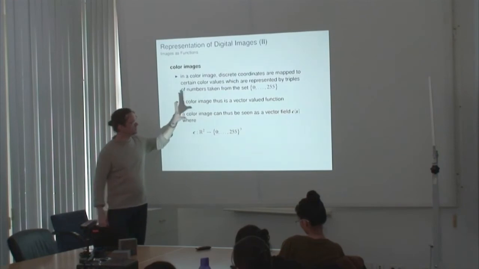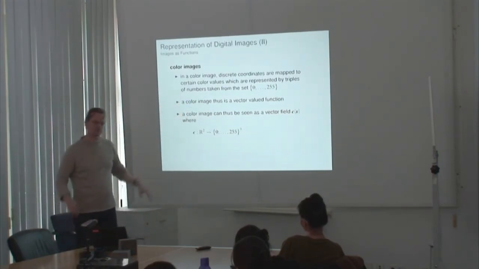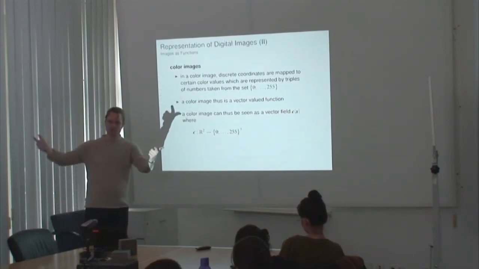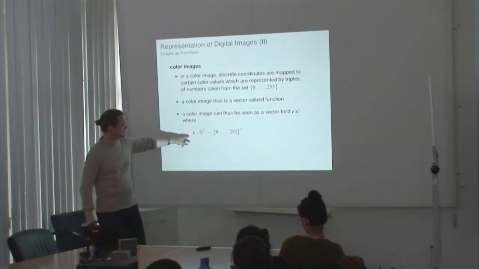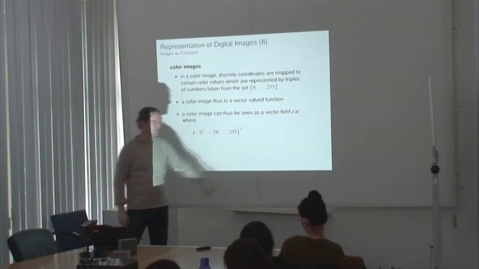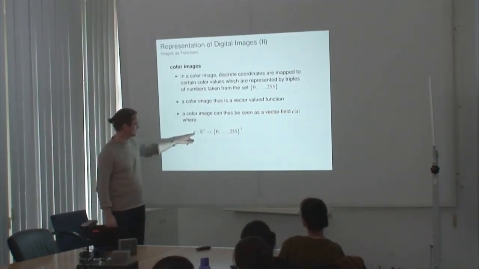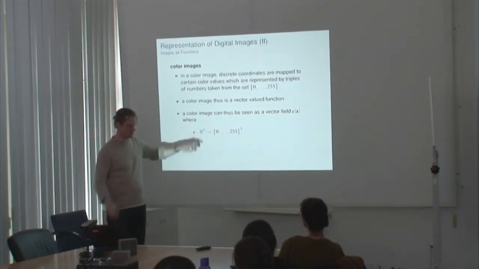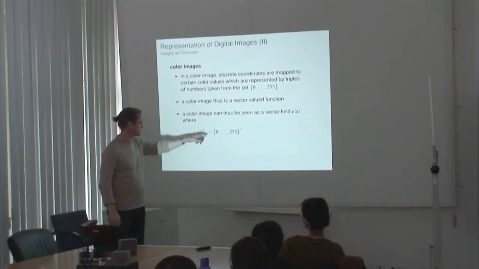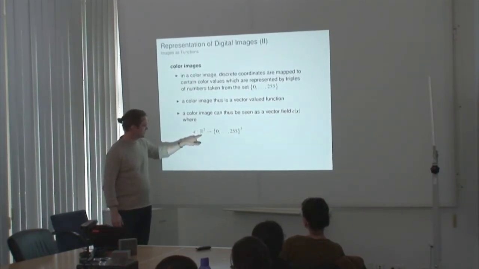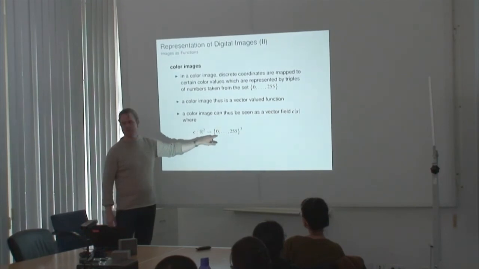So this idea of understanding images as functions carries through to color images, and these kinds of functions are typically referred to as vector fields, where every location in this space, or some of the locations if it's partial, is assigned a vector.